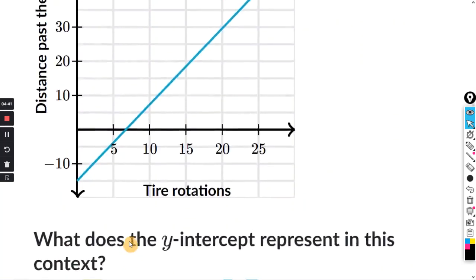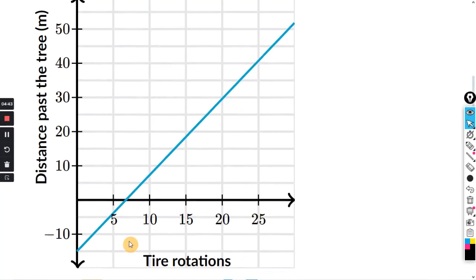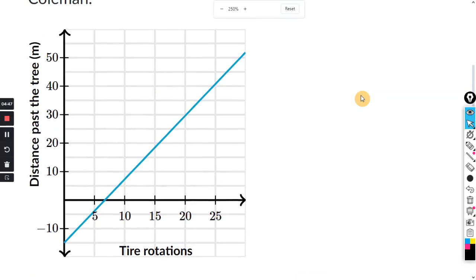Let's first locate the y-intercept. The y-intercept is where the line crosses or intersects the y-axis. So that is right here.